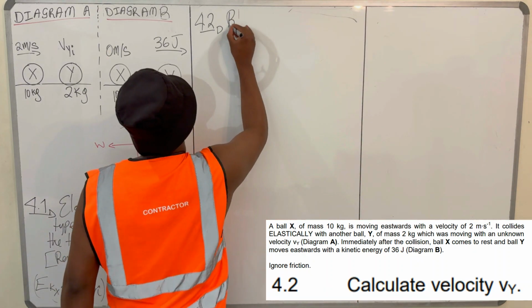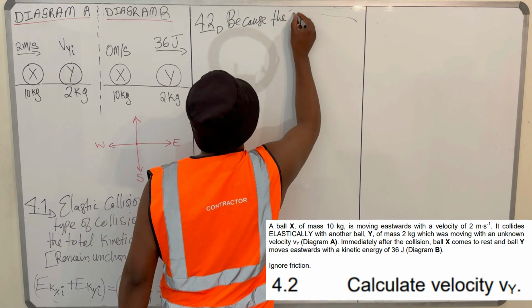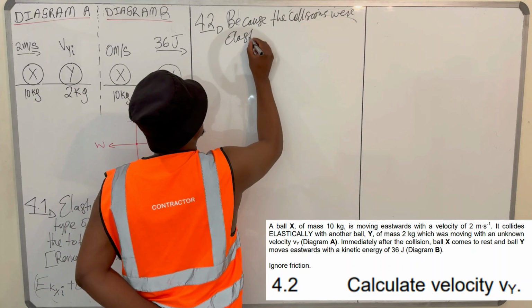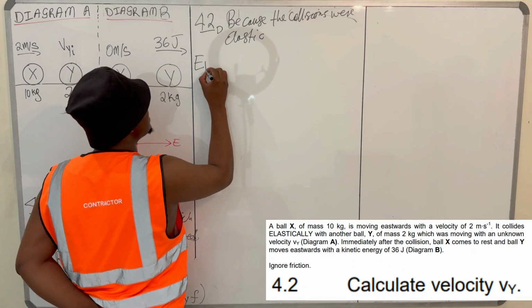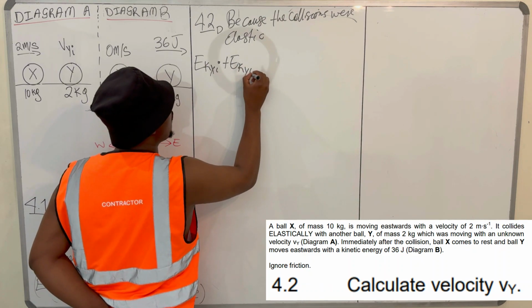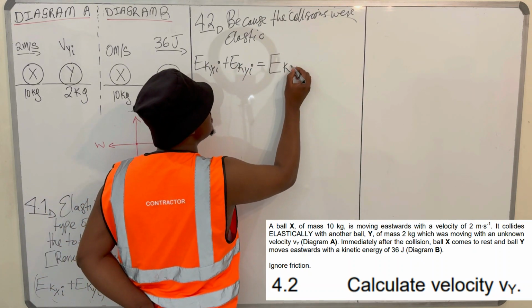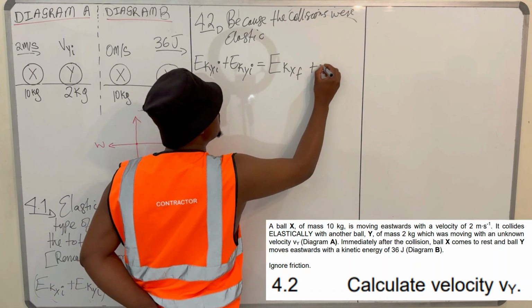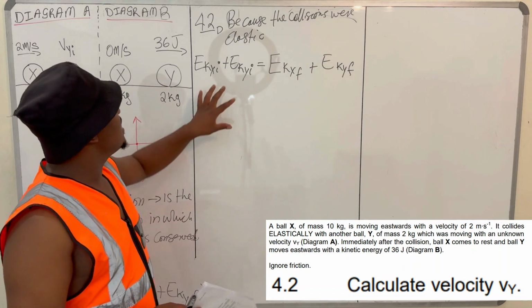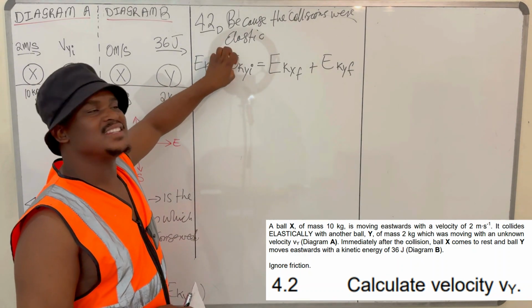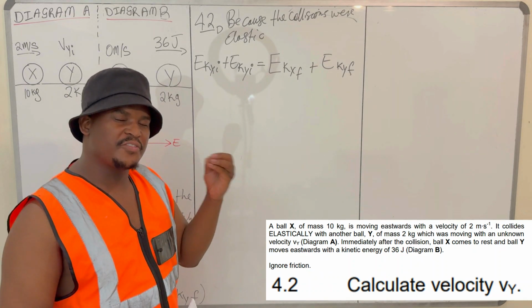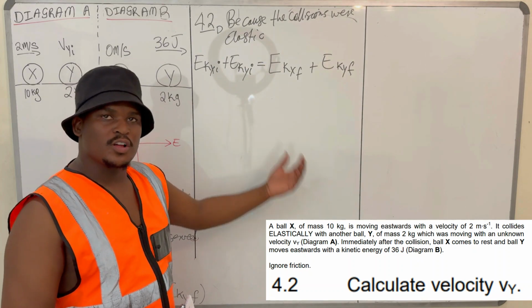Because the collision was elastic, we know that if we take the initial kinetic energy of X and add it to the initial kinetic energy of Y, it should be the same as the final kinetic energy of X plus the final kinetic energy of Y. So what this means is, the total of the initial kinetic energies should be equal to the sum of the final kinetic energies, because the collision is elastic.